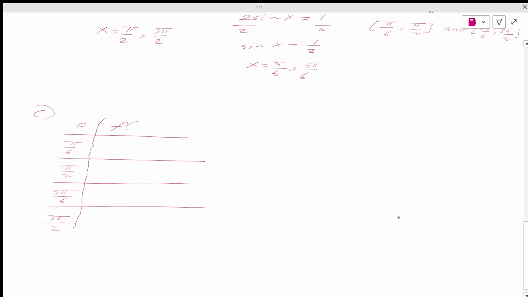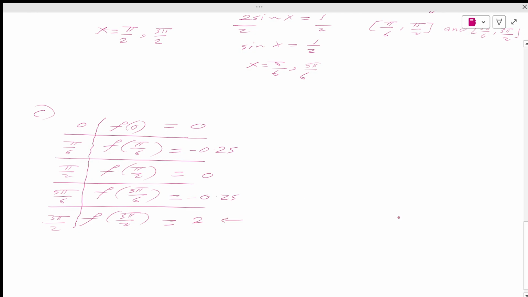So f of 0, f of pi over 6, f of pi over 2, f of 5 pi over 6, and f of 3 pi over 2. You have to check the function for each of these candidates. So the first one will give you 0, this will give you negative 0.25, this is 0, this is negative 0.25, and this is 2.